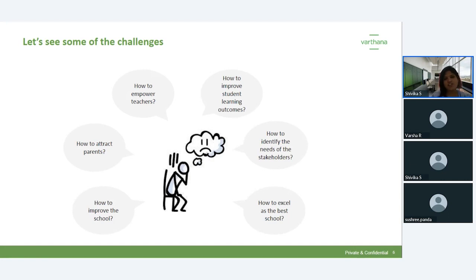So these are some of the common challenges which school leaders or schools are facing these days.